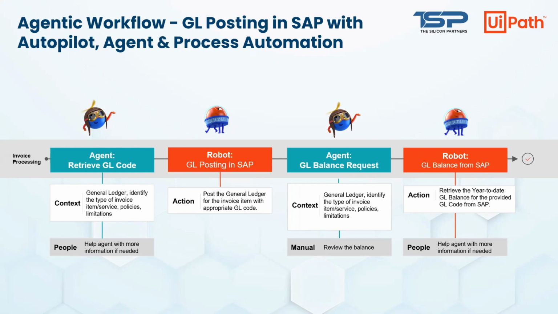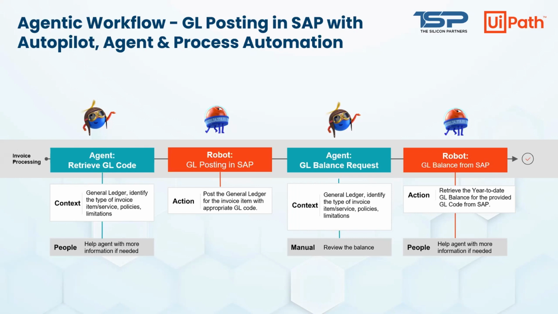So at the start, if you see on the left of the screen, it is starting with the incoming invoices or incoming requests for GL posting, which has many items in the list. The agent will review those items, extract that information, get those item details, and reach out to the context and the knowledge base which has been given to the agent.